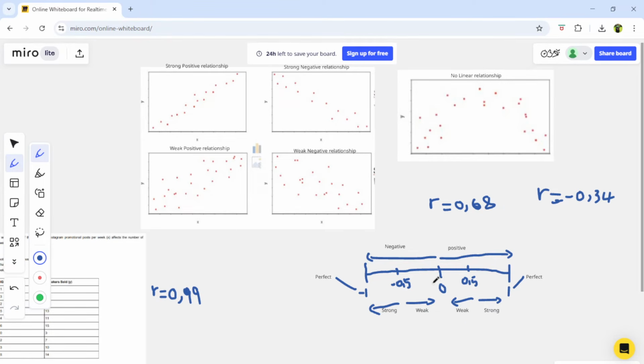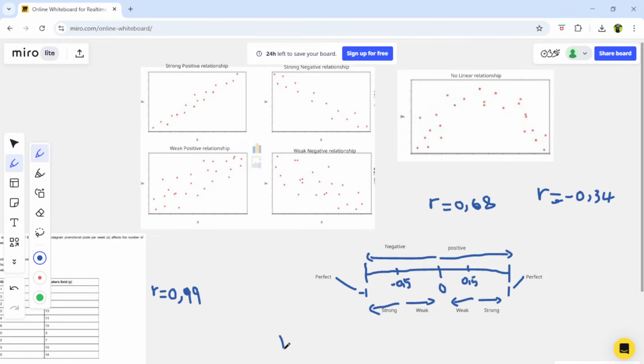It is less. So it is weak. So it's going to be a weak negative linear relationship. An example of that would be this scatter plot over here. So that is how you interpret the relationship between two variables using the correlation coefficient and the scatter plot. I think this makes some sense.